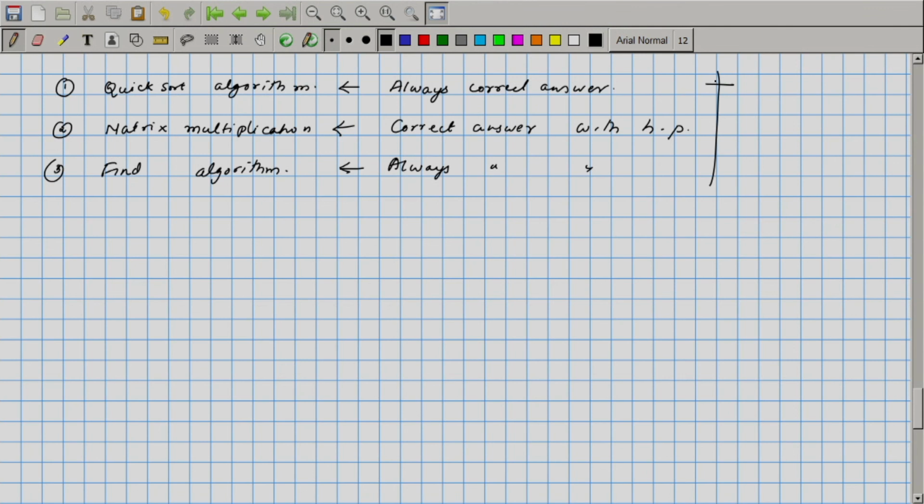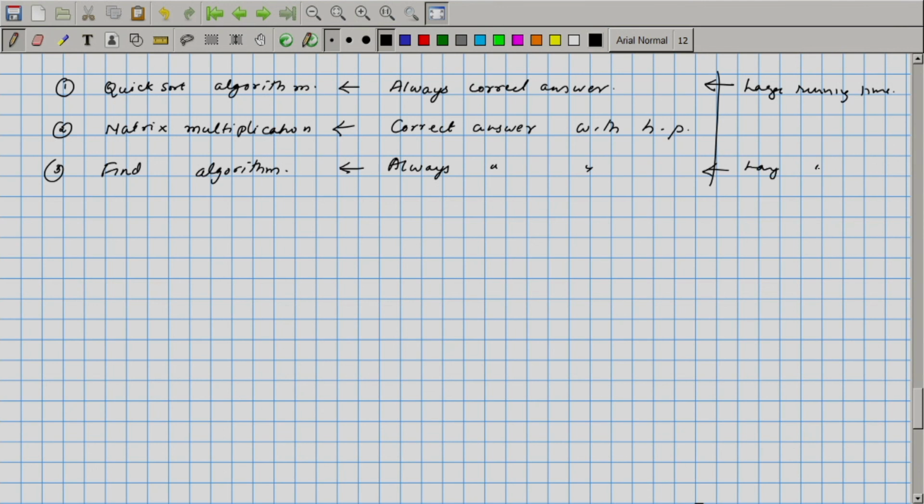But the quicksort algorithm could have a large running time in certain runs. The find algorithm also has that problem, the running time could be high.